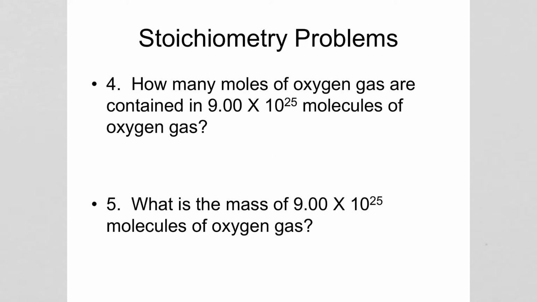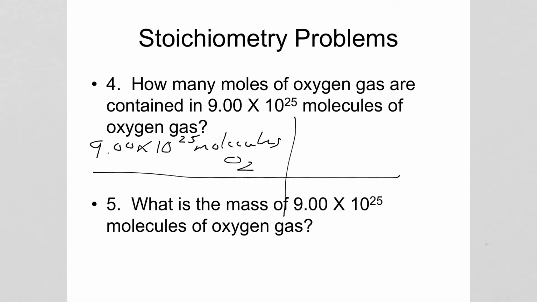For problem number 4, we want to know how many moles of oxygen gas are contained in 9.00 times 10 to the 25th molecules of oxygen gas. So again, this is another composition stoichiometry problem. We're going to start with our given. So 9 times 10 to the 25th molecules of oxygen.